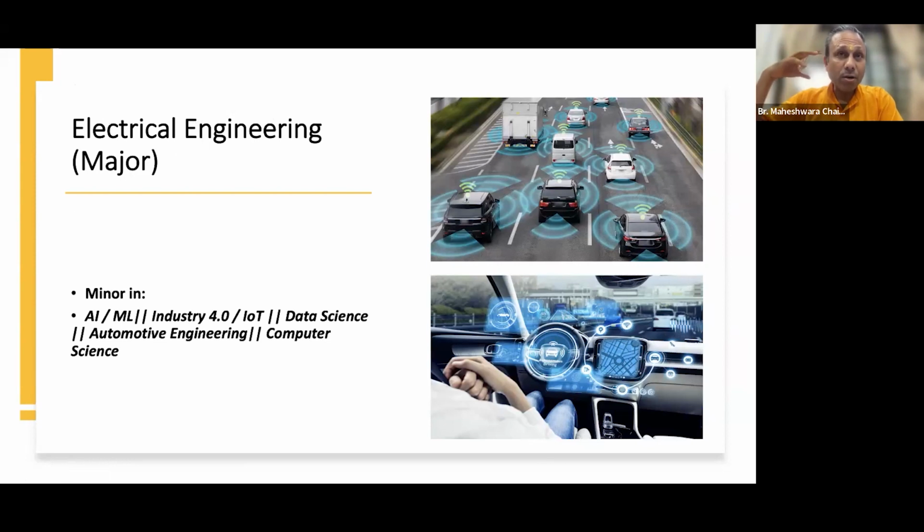He wants to be part of an automobile engineering company, or master AI and ML and work in the electrical engineering domain, or pursue a computer science degree with core algorithms or computing, etc.